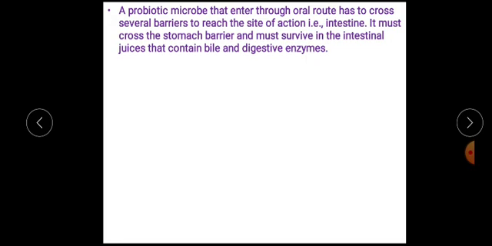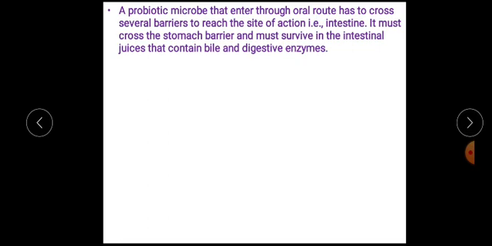A probiotic microbe that enters our body through the oral route has to cross several barriers. So, where exactly are these probiotic microorganisms going to establish their population? It is in our intestine. In order to reach the intestine, these probiotics are administered by the oral route.